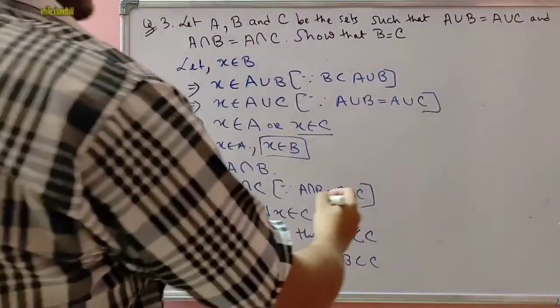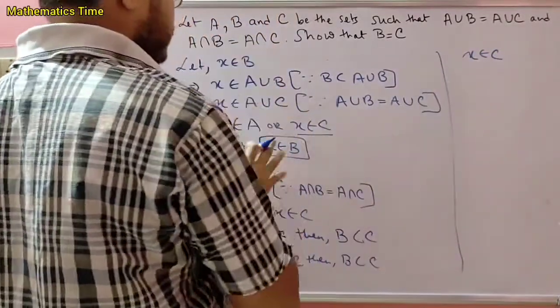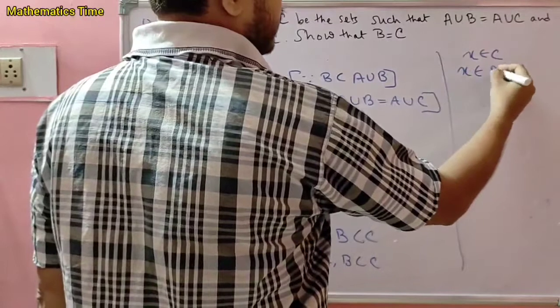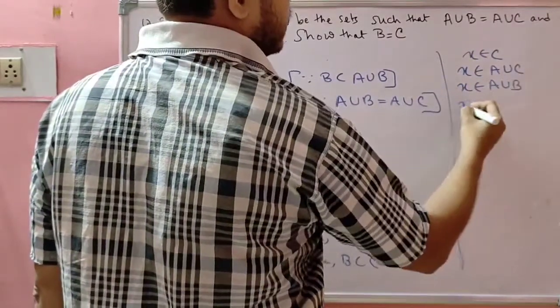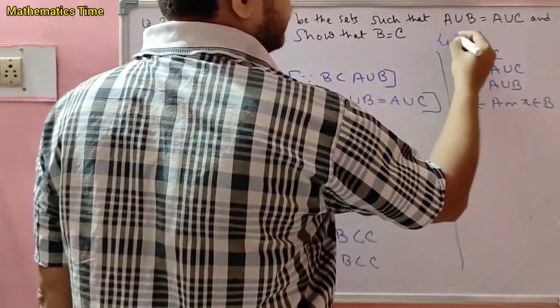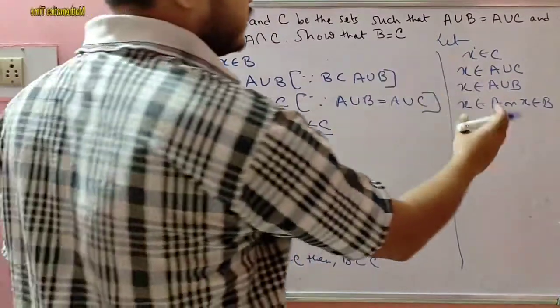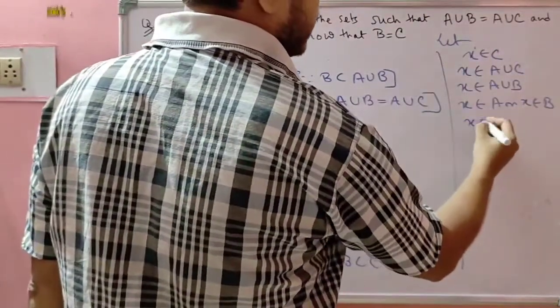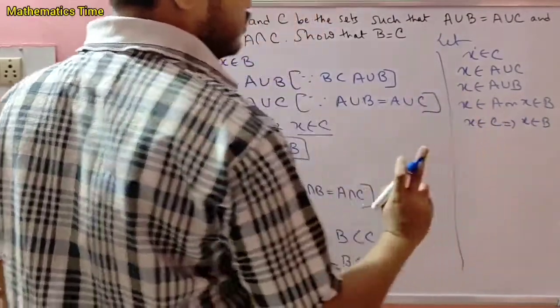Similarly, if we consider X belongs to C and do the same procedure, X belongs to A union C, that is X belongs to A union B, so X belongs to A or X belongs to B. If we start from that point of view instead of going from X belongs to B, we will get the same result, that X belongs to C implies X belongs to B, from case 1 and case 2 both.